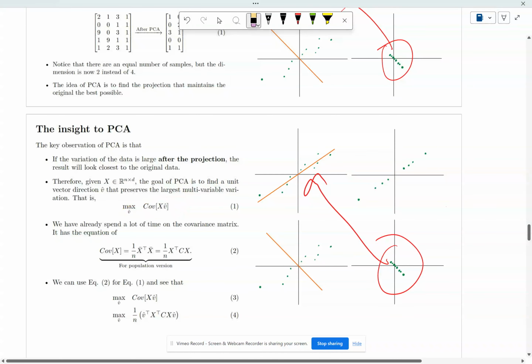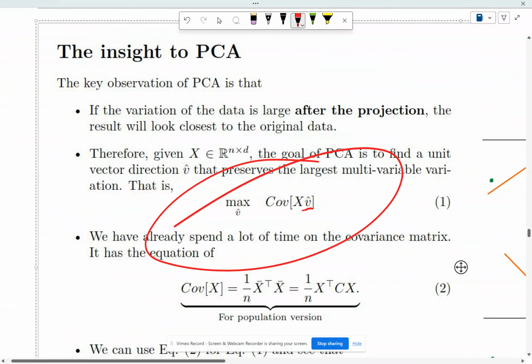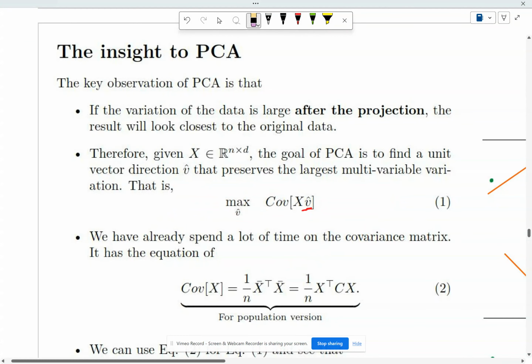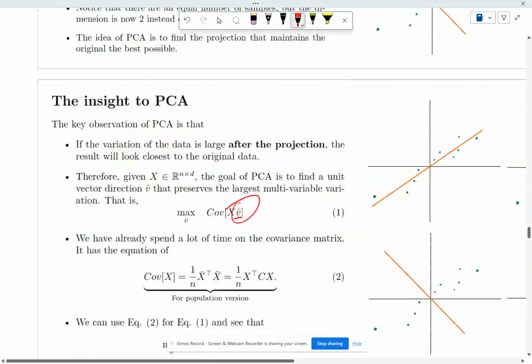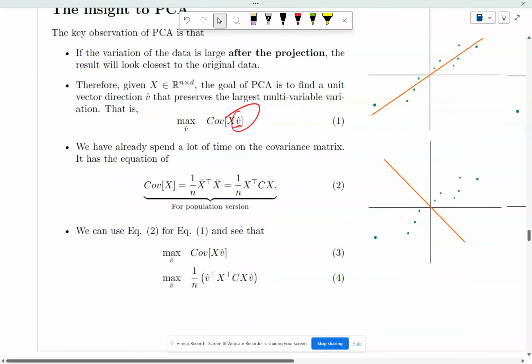And therefore, this is the objective we're trying to solve here. The objective is you want to pick V. Now, from SVM, I think we learned that picking a normalized vector is not easy. Therefore, we're going to talk about how to solve that.